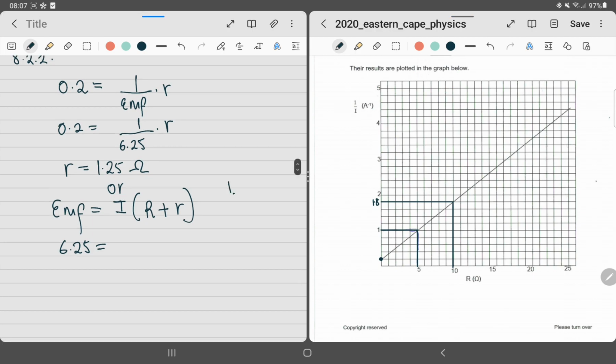So this is 1 over I, which is equal to, we're just going to choose any point. Let's pick 15. So the 15 goes with that point right there. So 2.2, 2.4, 2.6. So that's a 2.6. Therefore, I should be equal to the inverse of that.